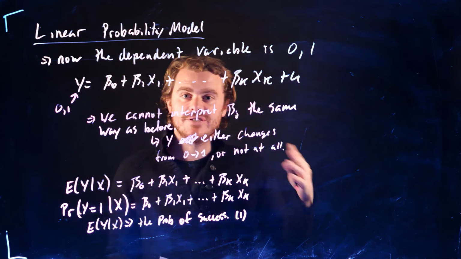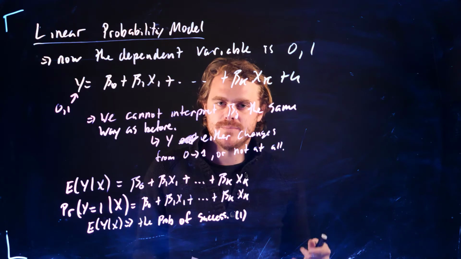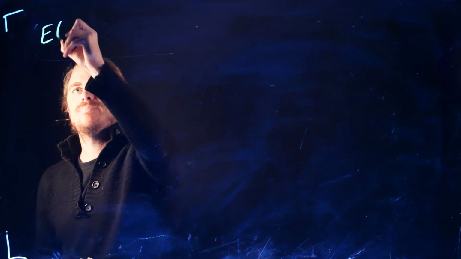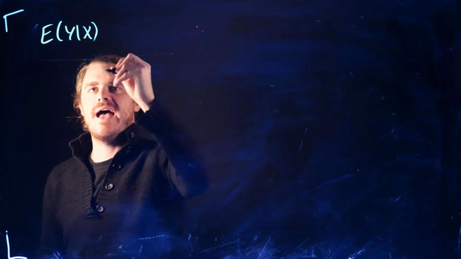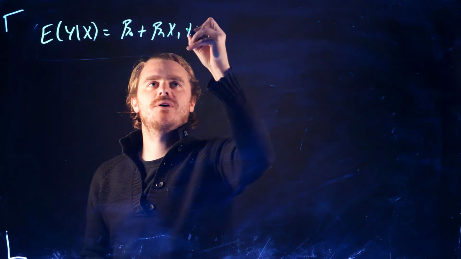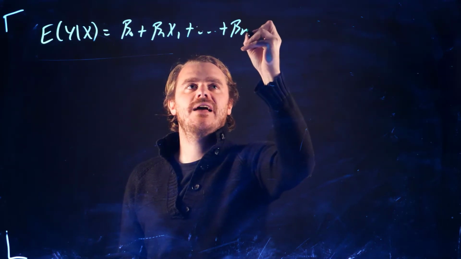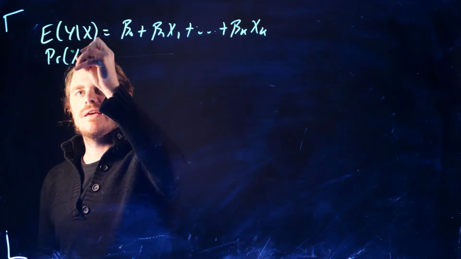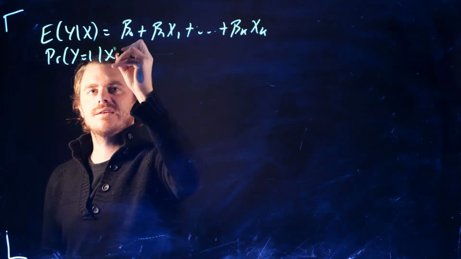We can think of a couple issues with these linear probability models as well. So we just saw that the expectation of y given x, which was equal to beta 0 plus beta 1 x1 plus all the way up to beta k xk, we could think of as the probability that y equals 1 given x, right?